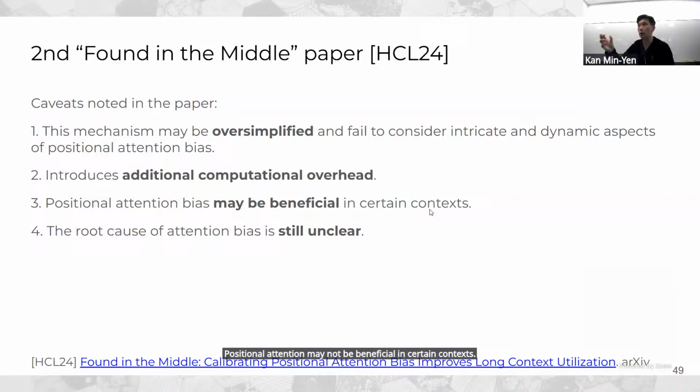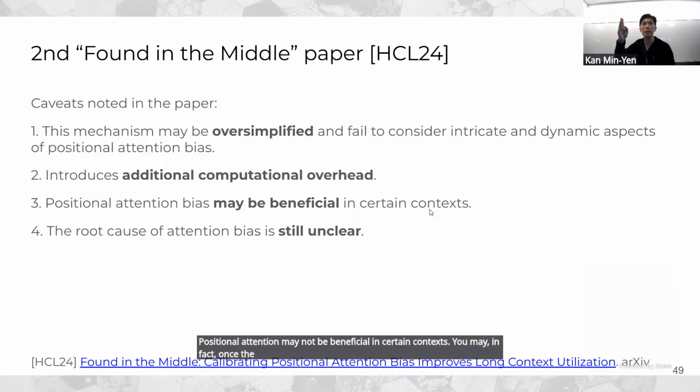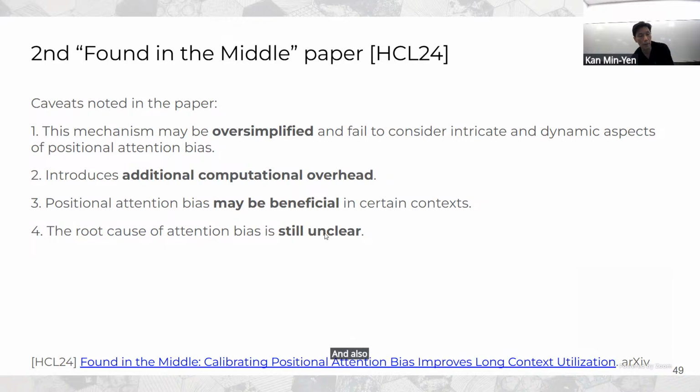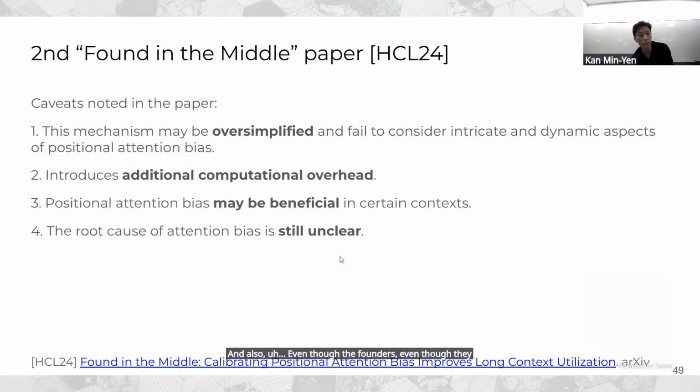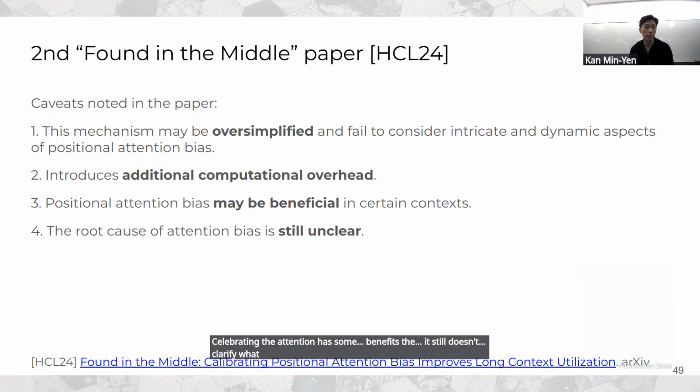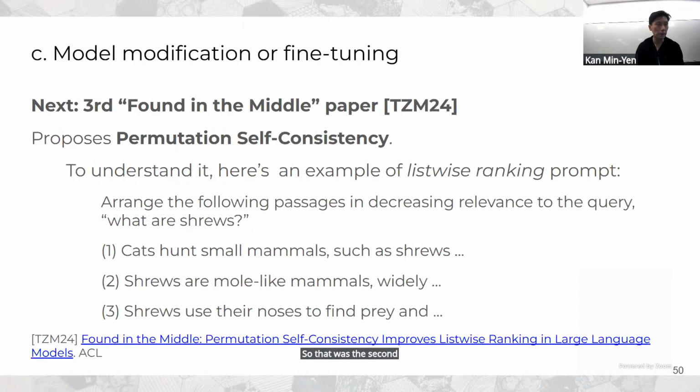You may in fact want that bias at the beginning and the end, depending on your task. And also, even though they found that calibrating the attention has some benefits, it still doesn't clarify what the root cause of attention bias is. So that was the second Found in the Middle paper.